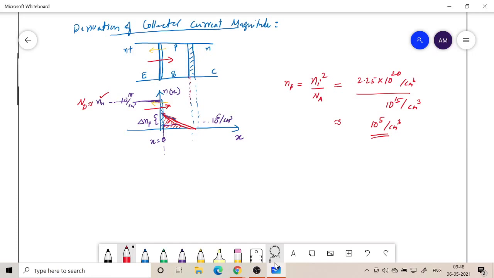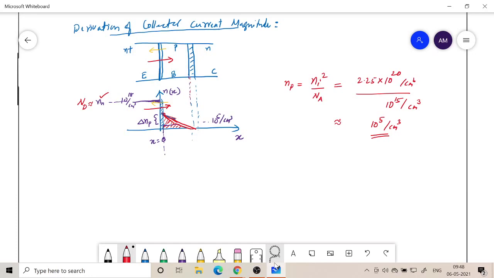It is many orders of magnitude, 13 orders of magnitude, and therefore when say 1/100th of that concentration comes to the base side, the reduction on the emitter side is going to be very minimal.